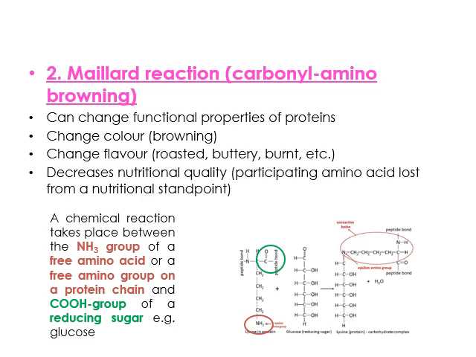From the nutritional standpoint, it can decrease nutritional quality because the chemical reaction takes place between the amine group of the free amino acid, which is lysine, and the carbonyl group of the reducing sugar, in this case glucose, forming a lysine and glucose complex. Once they form this, the amino acid is practically destroyed, and you can no longer utilize lysine as a building block for protein synthesis.